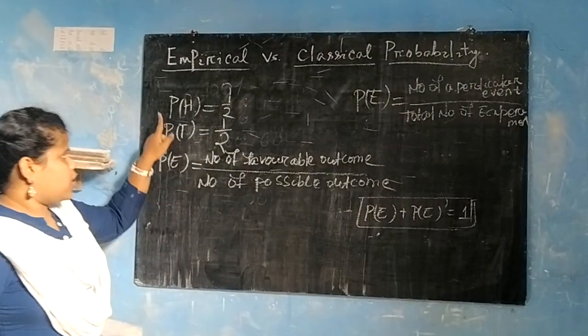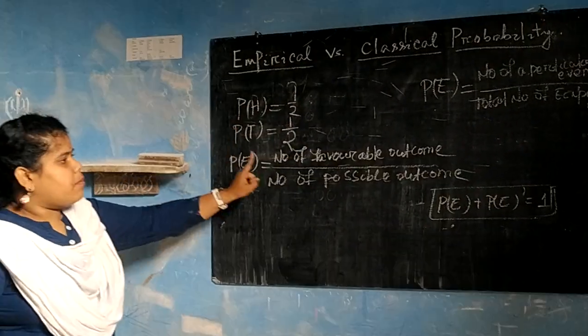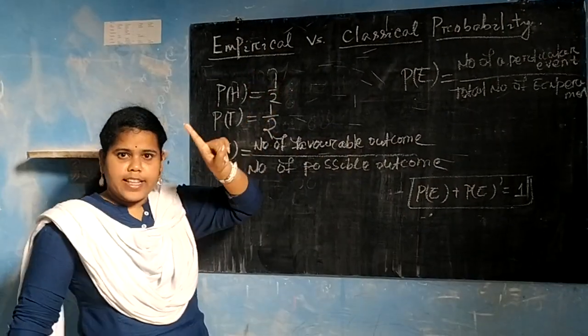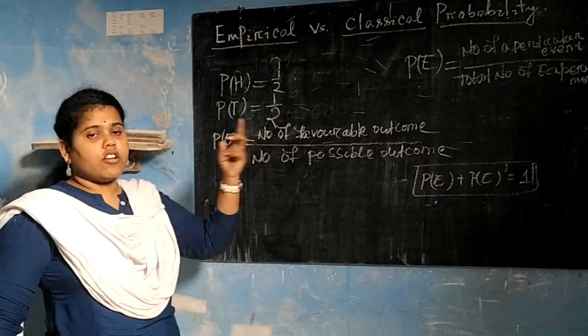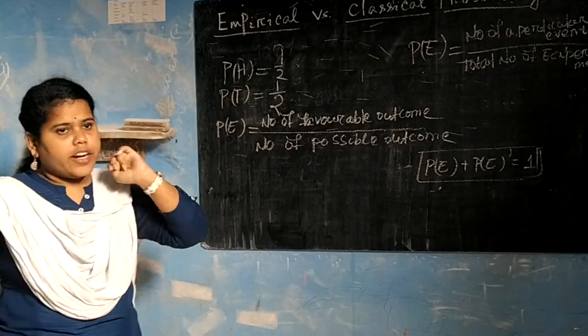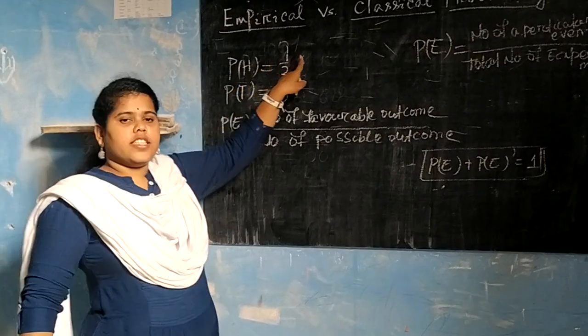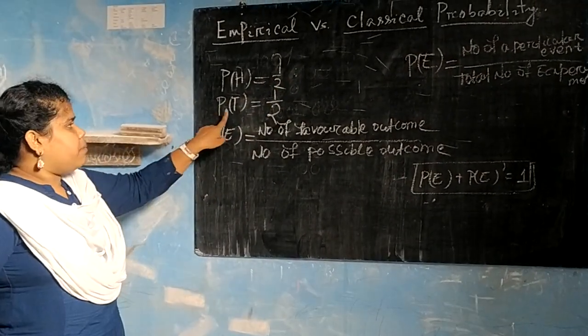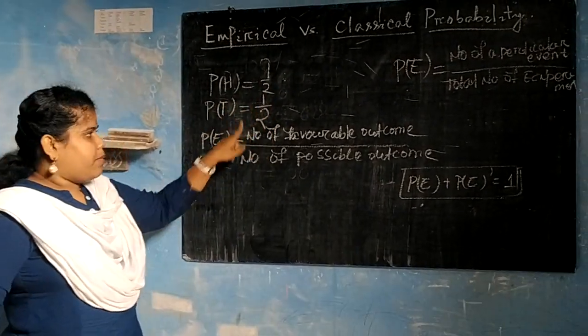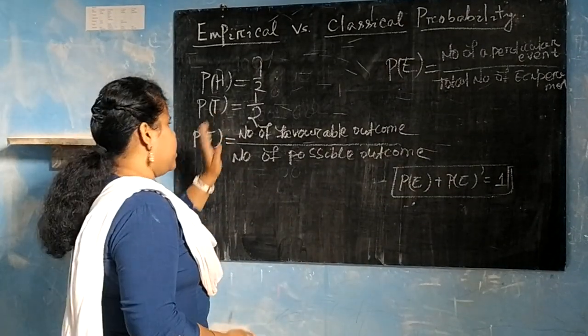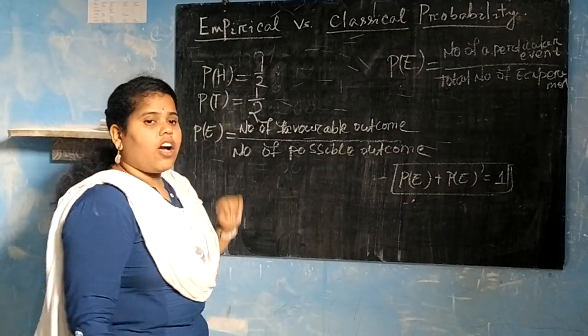So in this case, the probability of getting head: the number of favorable outcomes is 1, that is head, but the number of possible outcomes is 2, either head or tail. So P(H) is equal to 1 by 2, and P(T) is equal to the same 1 by 2. See, here we get the formula for tossing a coin.